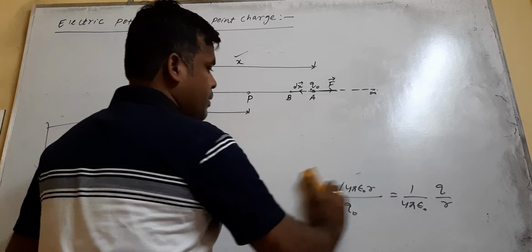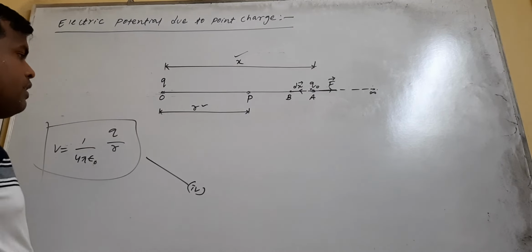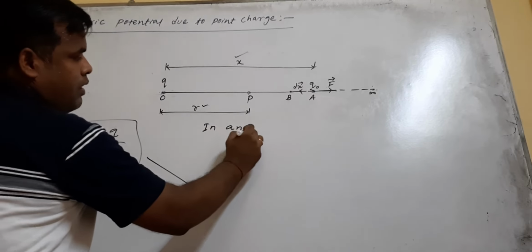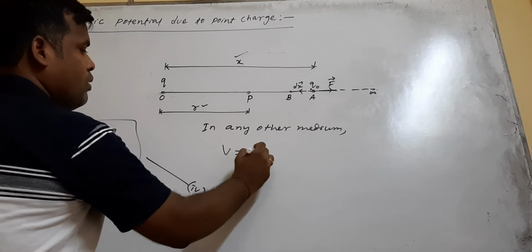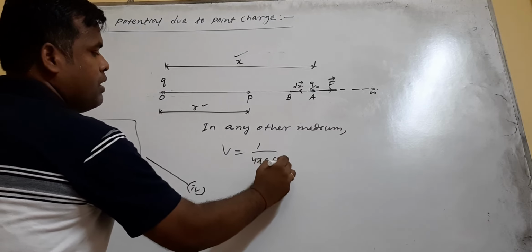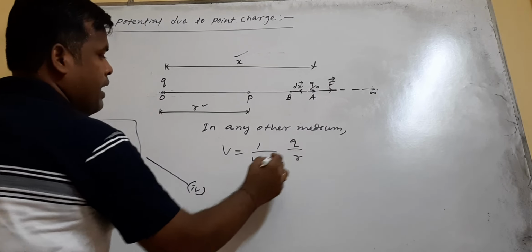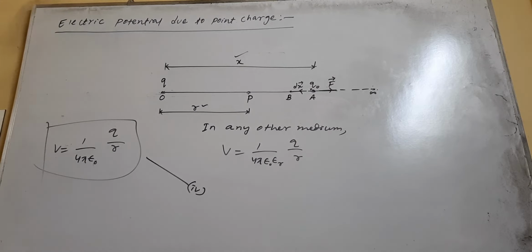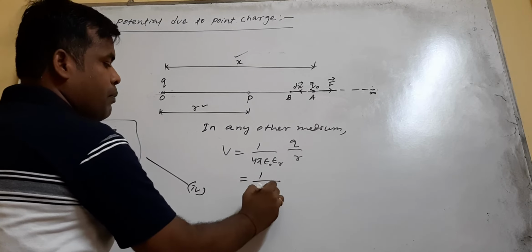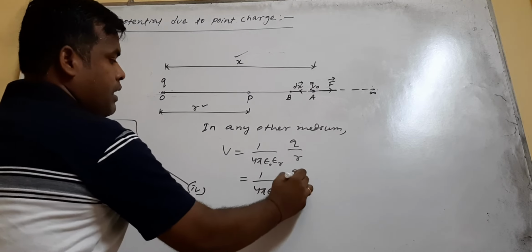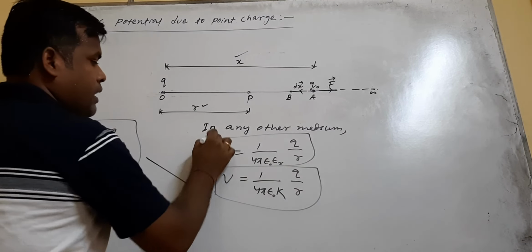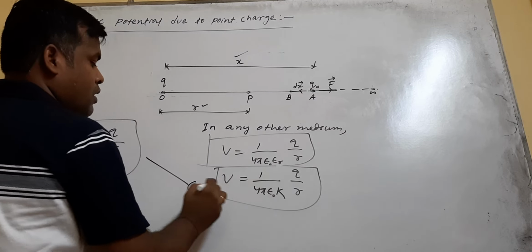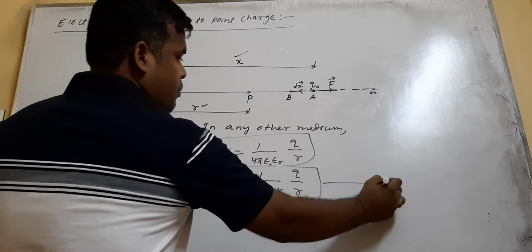In any other medium, V is equal to 1 by 4 pi epsilon 0 epsilon R Q by R, where epsilon R is the relative permittivity of the given medium, or you can write 1 by 4 pi epsilon 0 capital K Q by R. Capital K is the dielectric constant. It is your equation number 5.